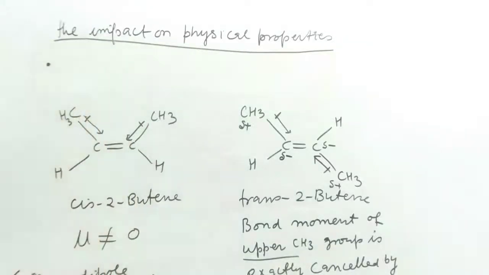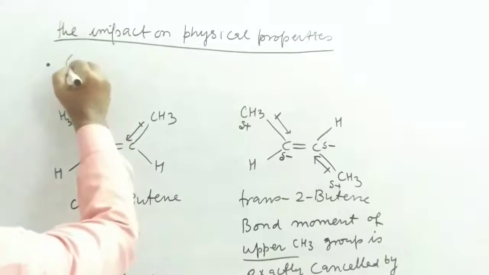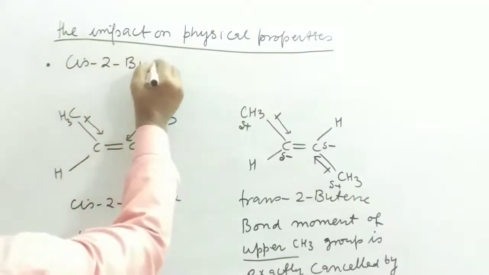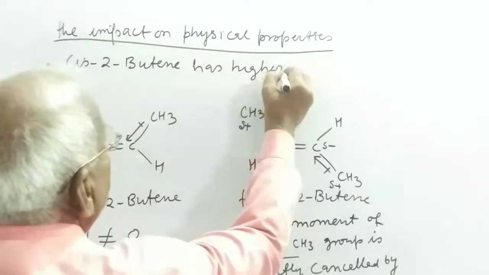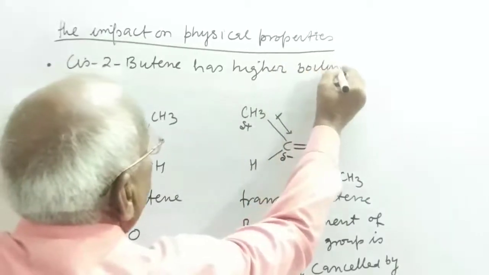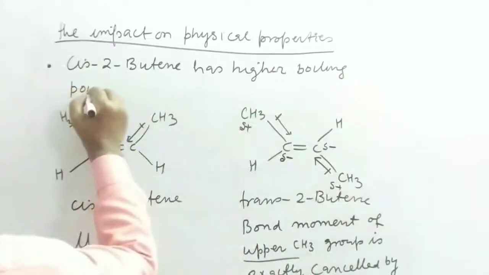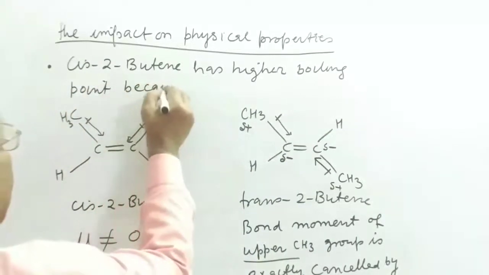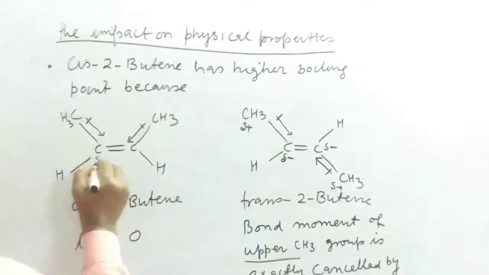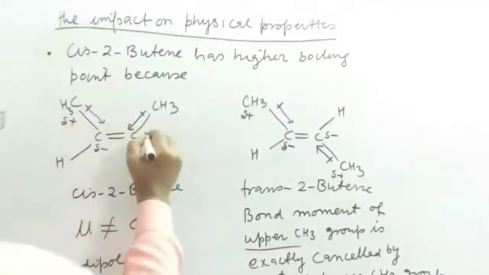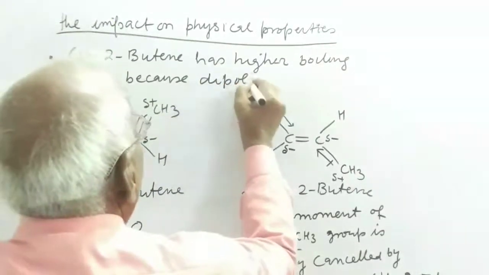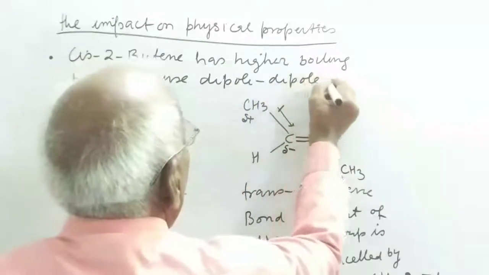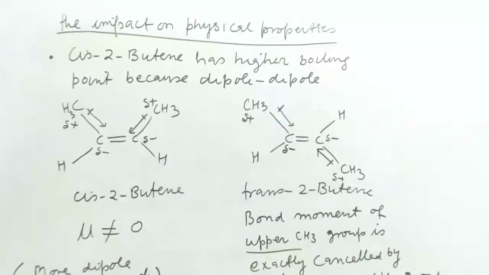Number one, cis-2-butene has higher boiling point because of this dipole, this is the negative, this is the positive, this is the negative and this is the positive, because of dipole interactions in the molecule.